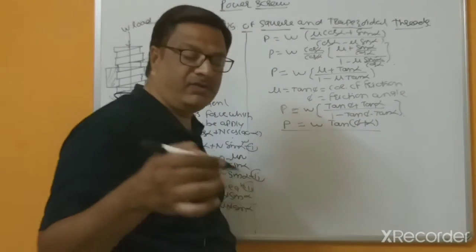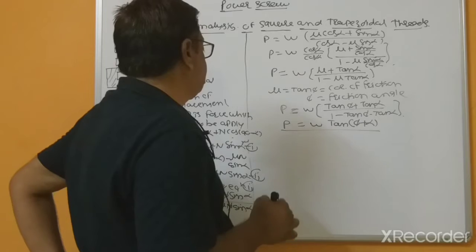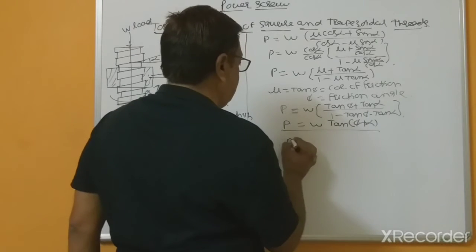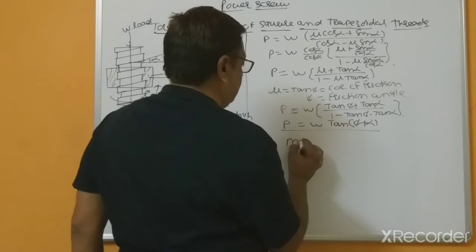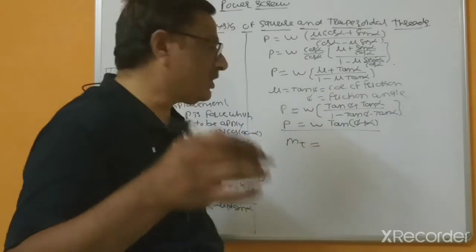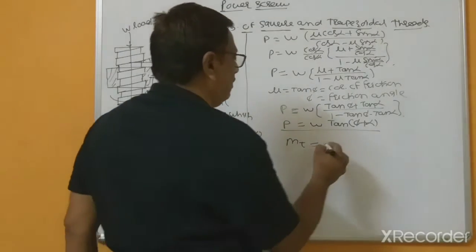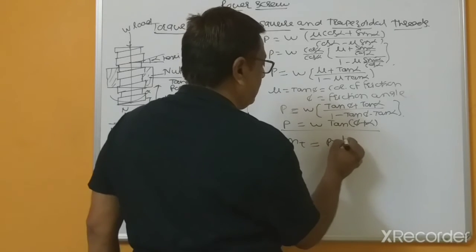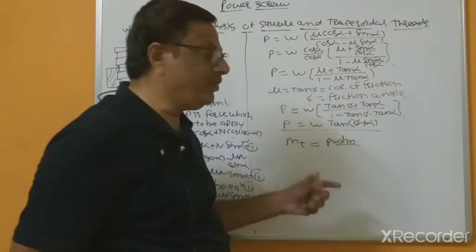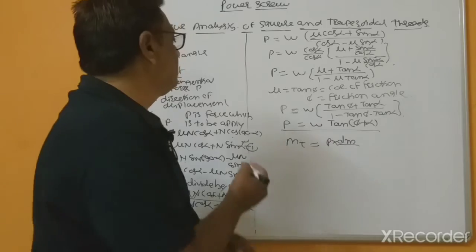Now the torque required to raise the load is M_t equal to P multiplied by d_m divided by 2, where d_m is the mean diameter of the screw.